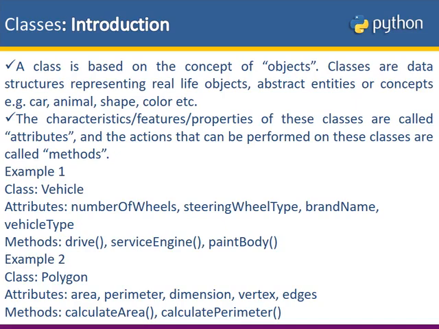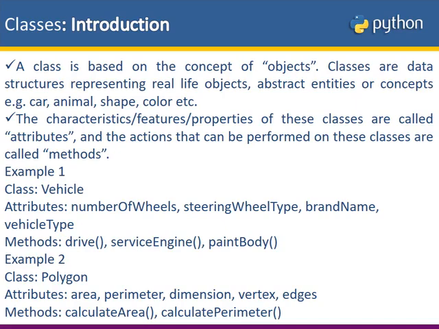Let's take the example of class vehicle. Vehicle as the real life object. So we have the class vehicle. The attributes of that class vehicle are the number of wheels, steering wheel type, brand name, and the vehicle type.